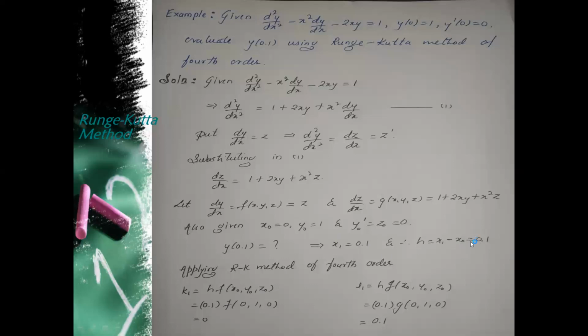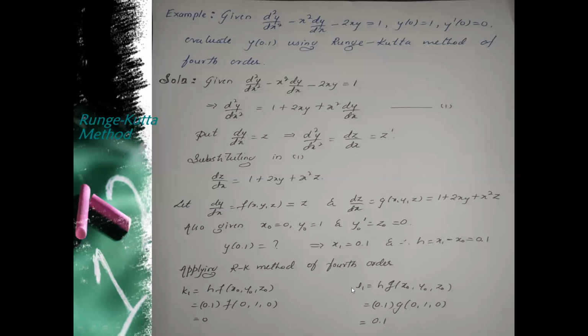H, as already we have calculated, is 0.1. F of x naught y naught and z naught, x naught is 0, y naught is 1, z naught is 0. Those values are written here. Now we want the value of the function f under these values of x, y and z, and we know that the function f is just z, and value of z is 0 here. So 0 into anything, we get it as 0.